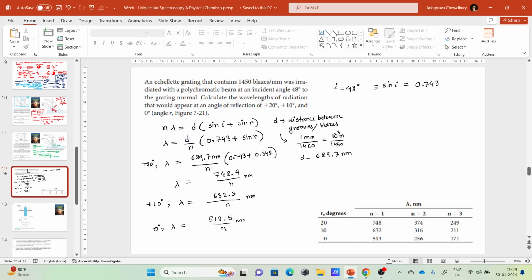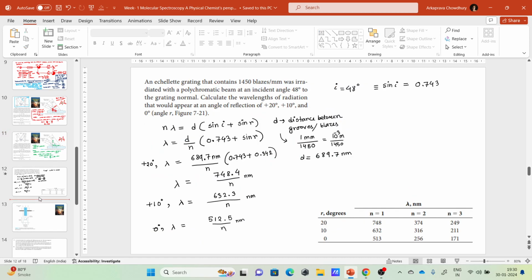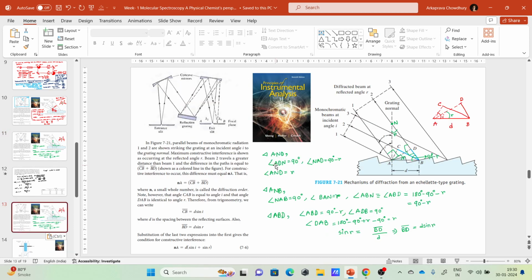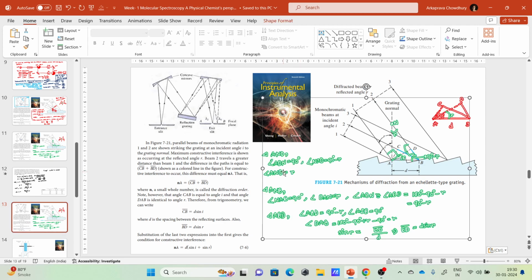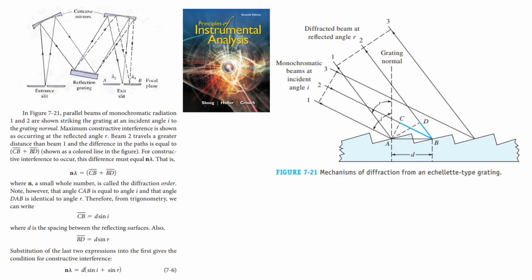So I will again copy paste this and will paste it here. Here also I will delete the writings. So from here, what we already got, we got that n lambda is going to be d (sin i + sin r).